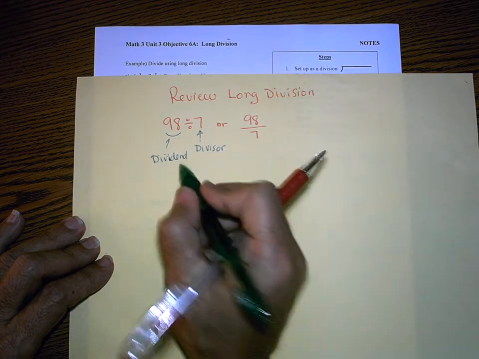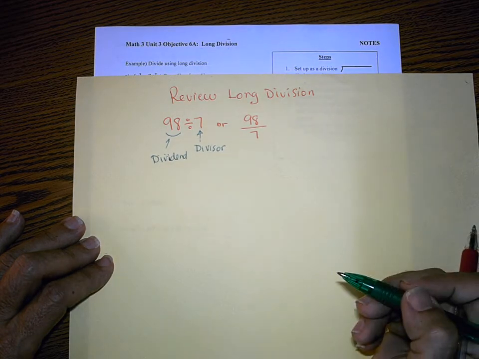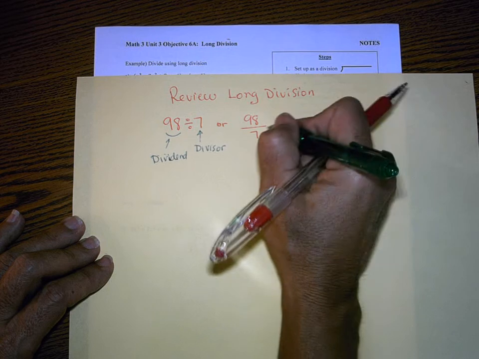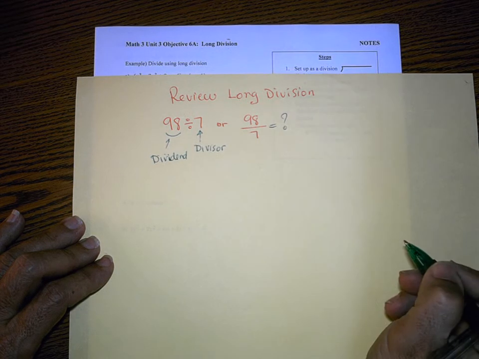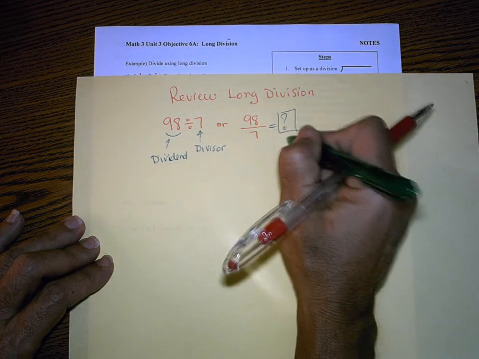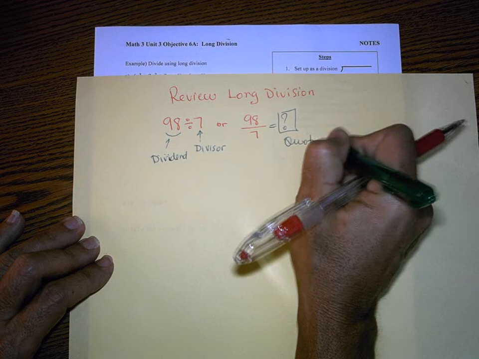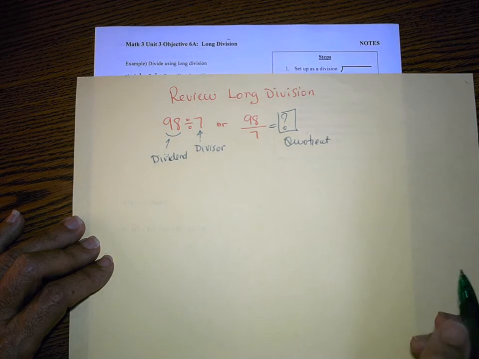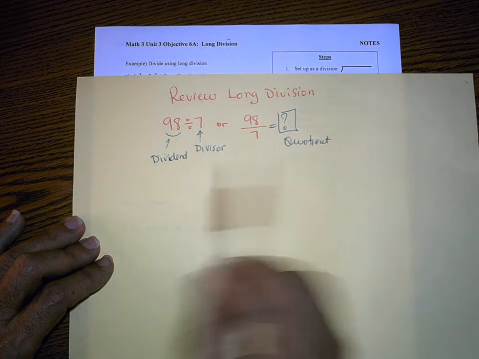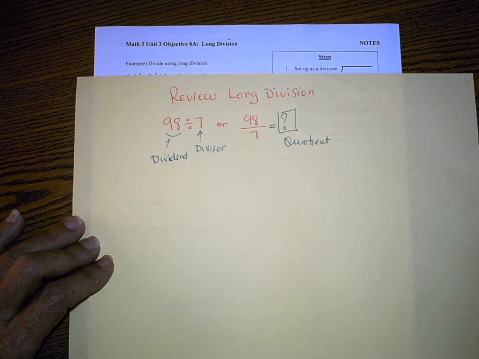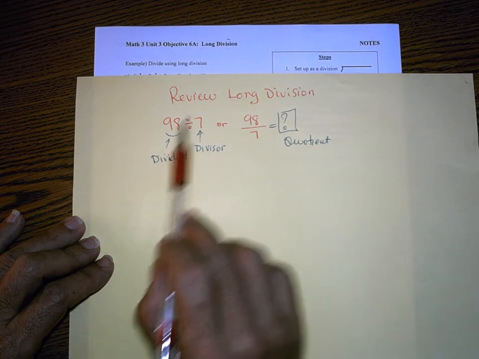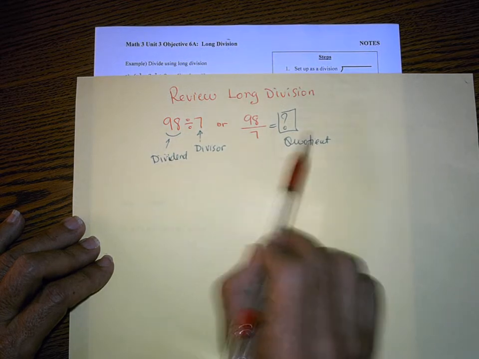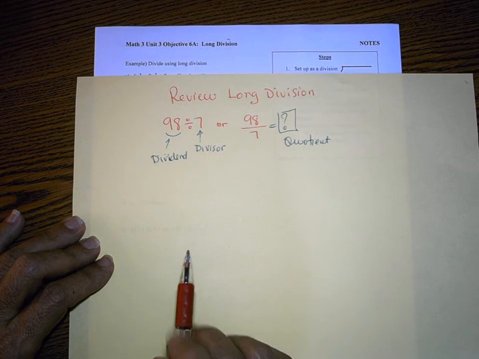The answer that we're going to get is called the quotient. We need to be familiar with those words, since I'm going to be using this vocabulary often: the dividend, the divisor, and the answer we get from the division is called the quotient.